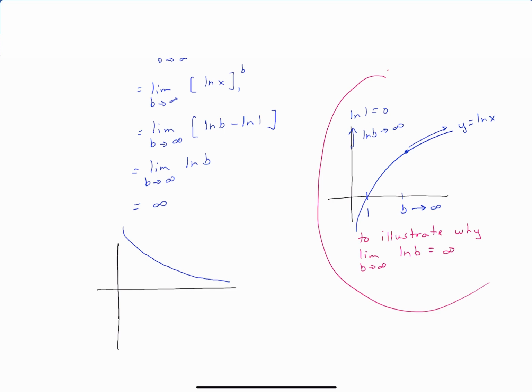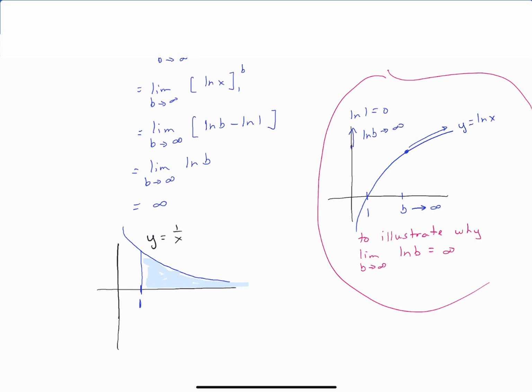In terms of the improper integral that we're evaluating, the integrand was y equals 1 over x. So this is the graph of y equals 1 over x. And what we just determined is that if you take the area to the right of 1 and you look at all of this area going infinitely far to the right, it never stops growing.